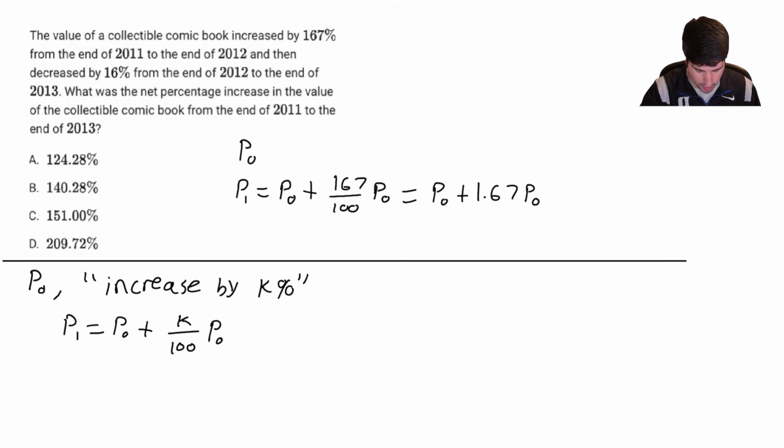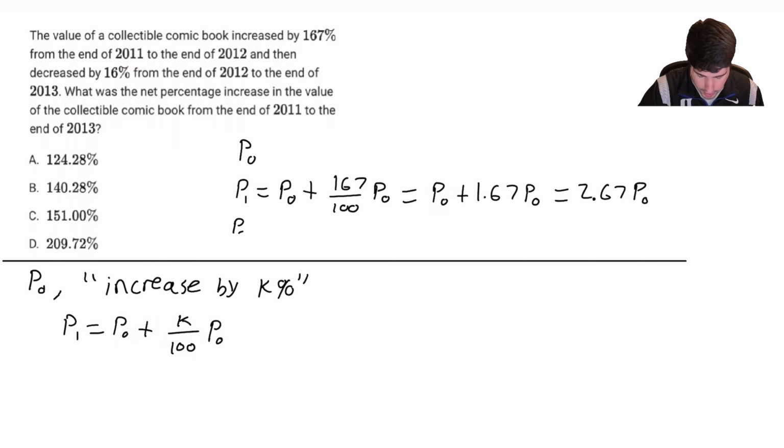Now there's an imaginary 1 in front of this P0, right? So when I add these two, I actually get 2.67 times P0.